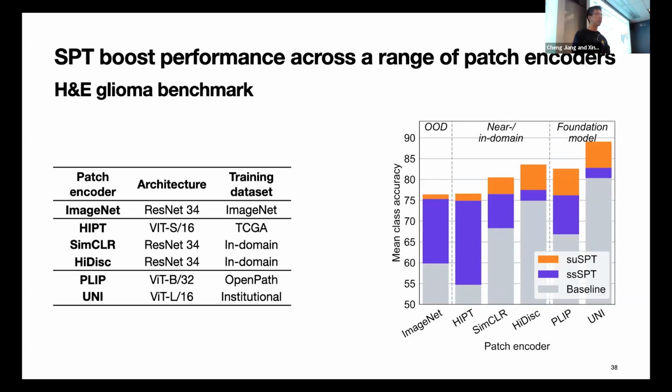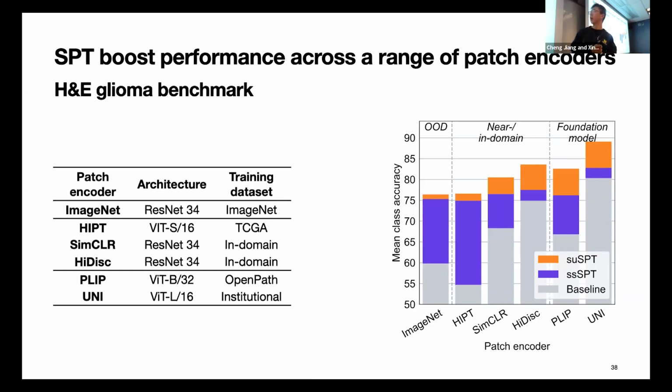And Uni, they use a foundation model with their own in-house dataset, which has about 100,000 whole slide images, covering lots of tumor types, and they train a massive amount of data on this giant encoder.